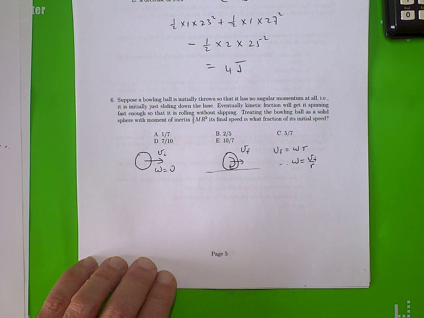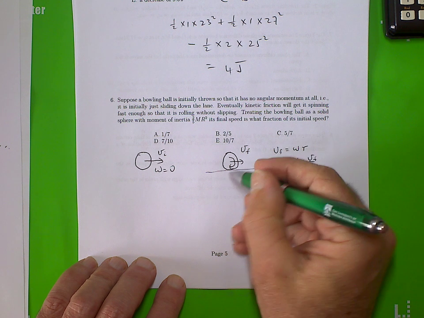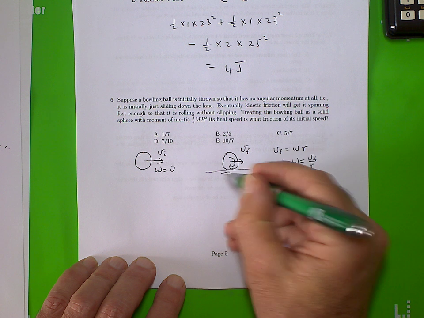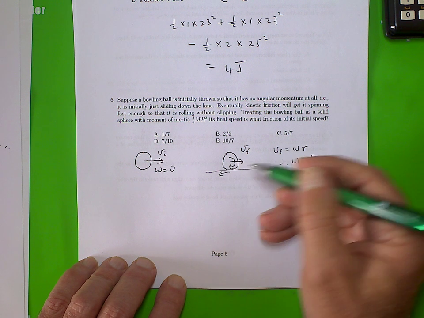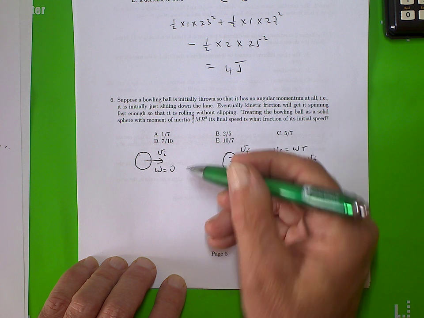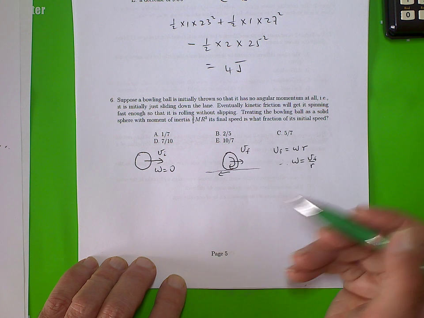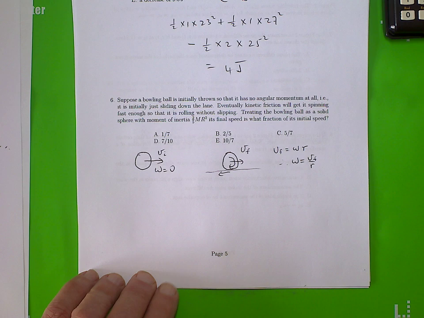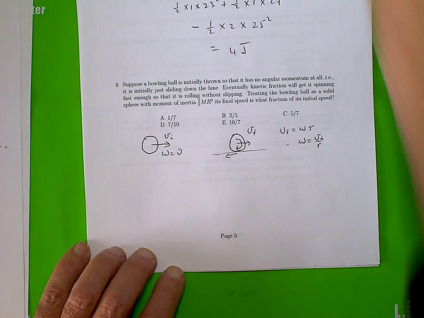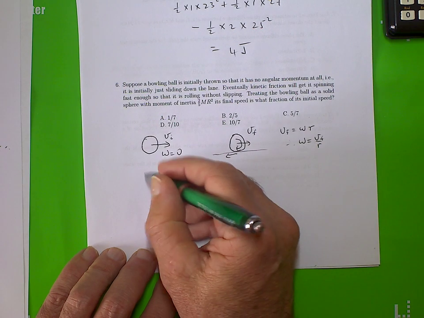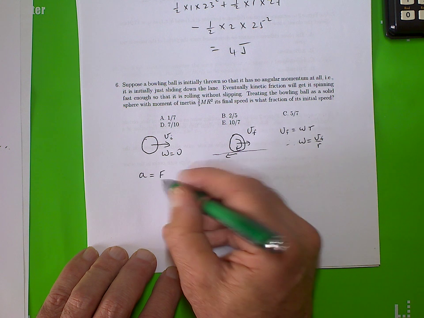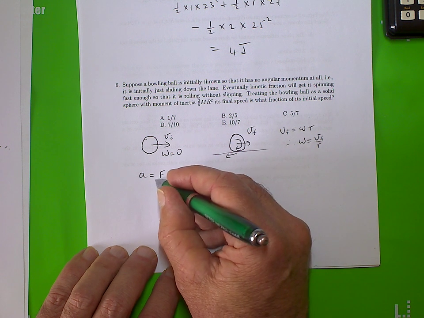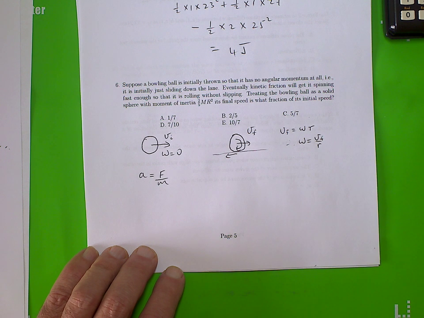Now, in terms of forces, there's only one force that's ever going to be applied. It's a force there. And that force provides both the torque to get the ball spinning, and it also provides the force which slows the ball down from its initial velocity to its final velocity. And so you would say the linear acceleration A is equal to the frictional force divided by the mass of the ball, right?